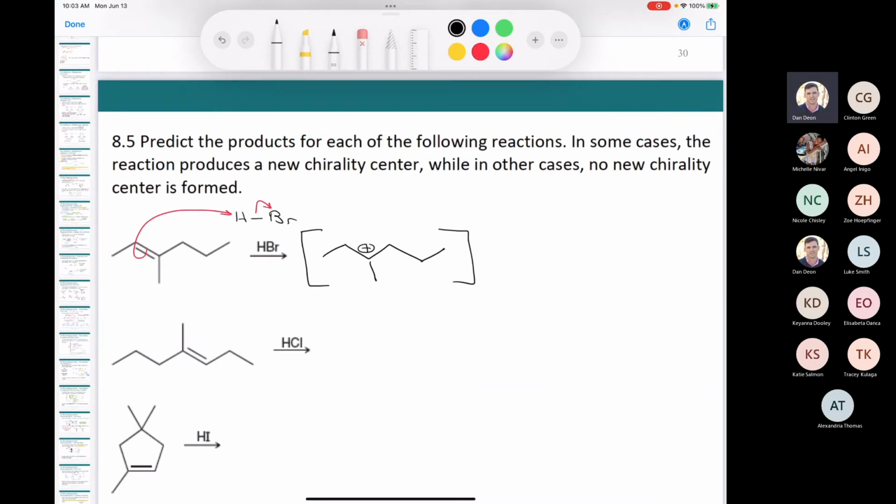Is that carbocation going to rearrange? Yes or no? It's a tertiary carbocation. Is there any reason for that to rearrange? No, exactly.